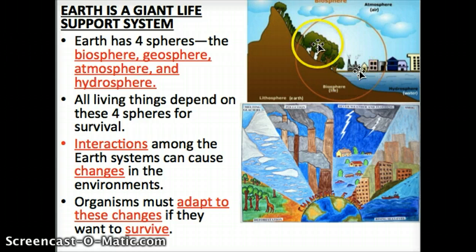Now, because these four spheres are constantly interacting, the Earth is always changing. And here are some pictures that show some examples of how Earth changes. We have climate change, we have pollution. The Earth is constantly changing. And because of that, organisms have to adapt to these changes if they want to survive.